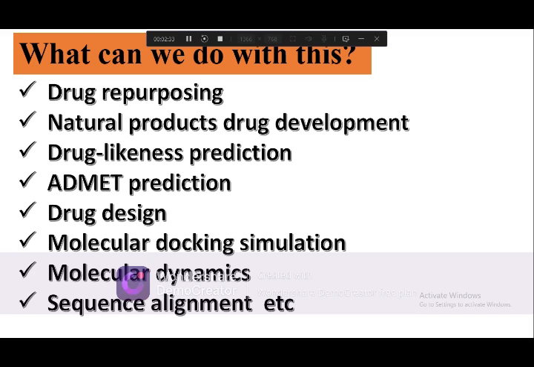So for the sake of our training, what can we do with bio and chemoinformatics data online? We can do drug repurposing. Drug repurposing is trying to find another indication for a drug that is already known for a particular indication, to see whether that same drug can be used for other indications. For example, paracetamol.